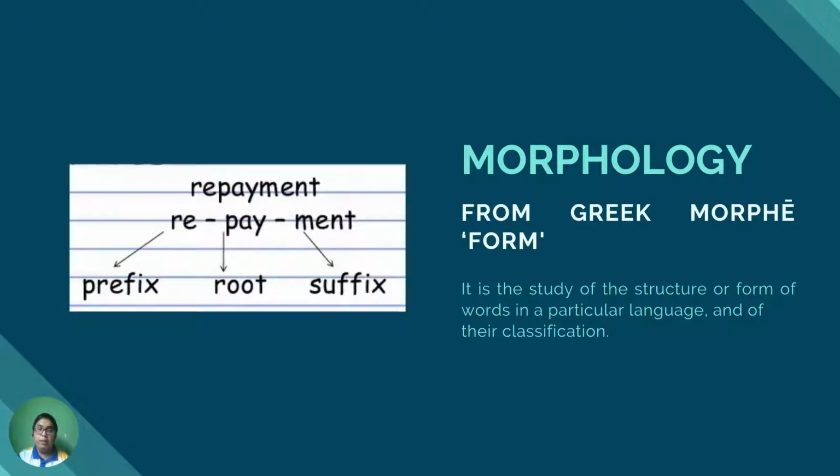Next would be morphology. The next component, from the Greek word morphe, which is form, is the study of structure or form of words in a particular language and of their classification. This time, class, we'll get to learn further how words are usually constructed. There are words which we say are so long, but it turns out it's just a combination of two or more words, right?